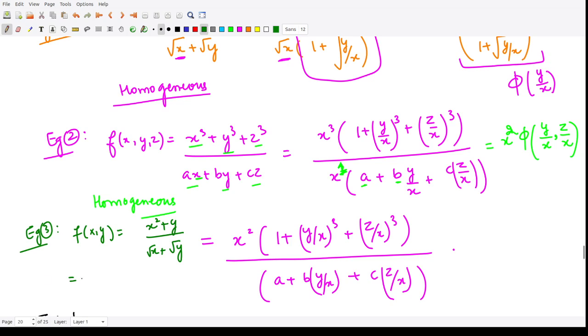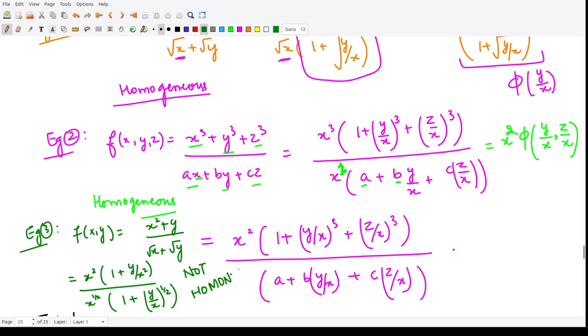Why? Because when you take x square common from the numerator, you would have 1 plus y divided by x square, and when you take square root x, or x to the power 1 by 2, common from the denominator, it would be 1 plus y by x raised to power 1 by 2. So now you see this function is not homogeneous. Why?